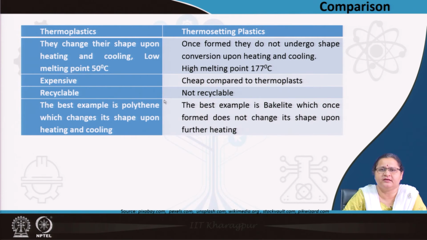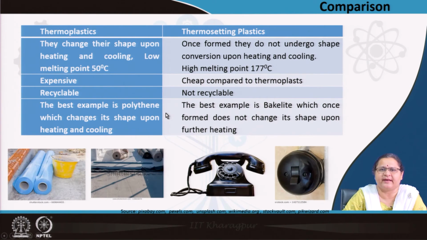Thermosets, the very popular example is bakelite. As you can see, the early day switches, the early day telephones, were all made of bakelite. Even the handles of utensils and pressure cookers are made of bakelite. Whereas you see the other two pictures on this side, here it is polyethylene, used as a damp proofing membrane for roofing.